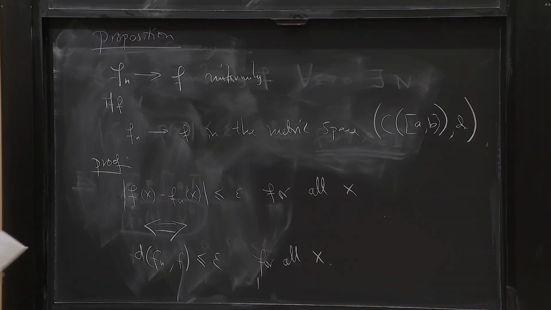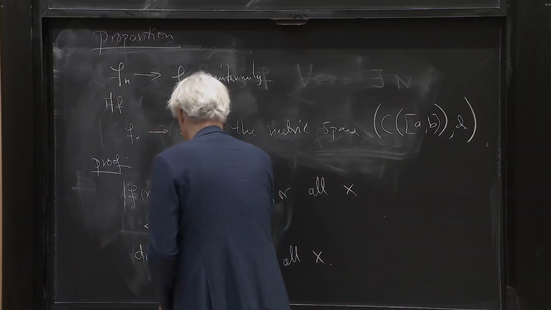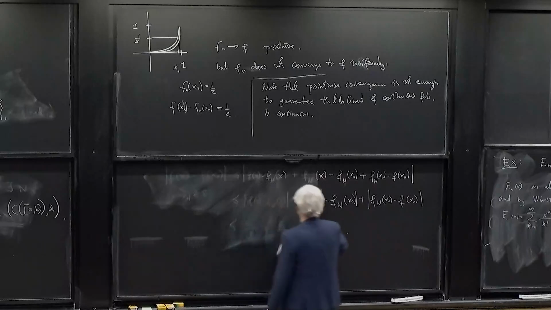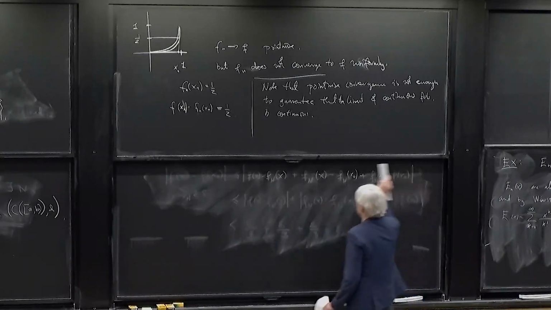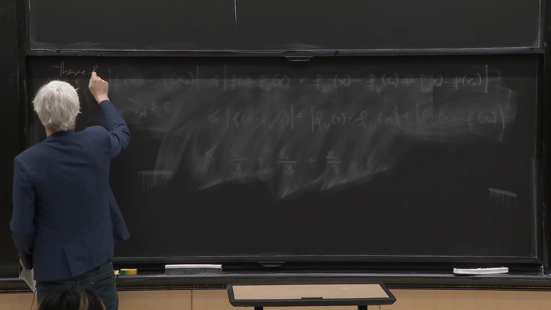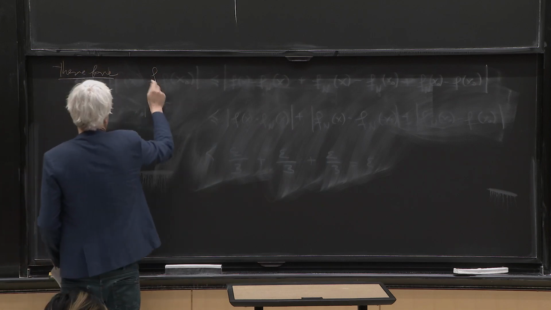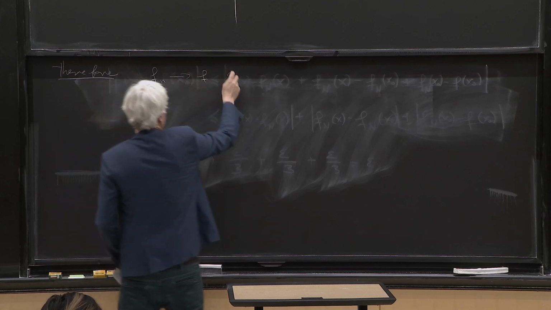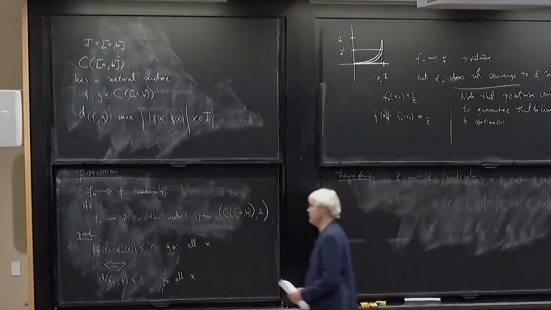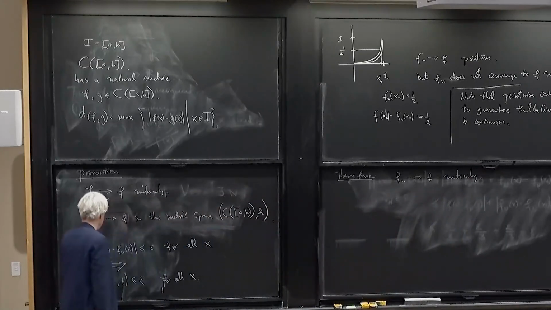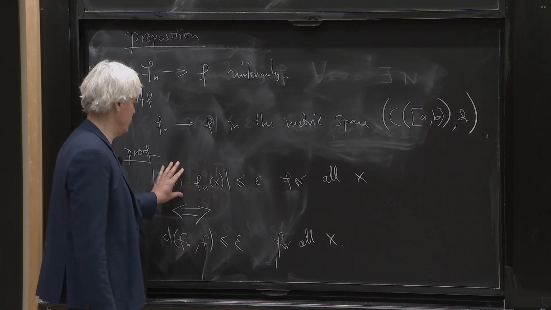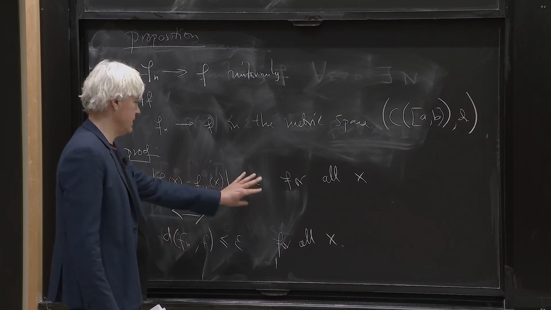Okay, and so now we see that if the sequence f_n converges to f uniformly, then for any given epsilon, if you're sufficiently far out, this can be made less than or equal to epsilon.